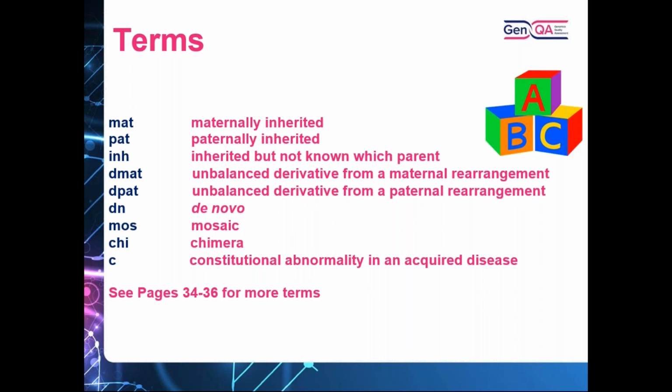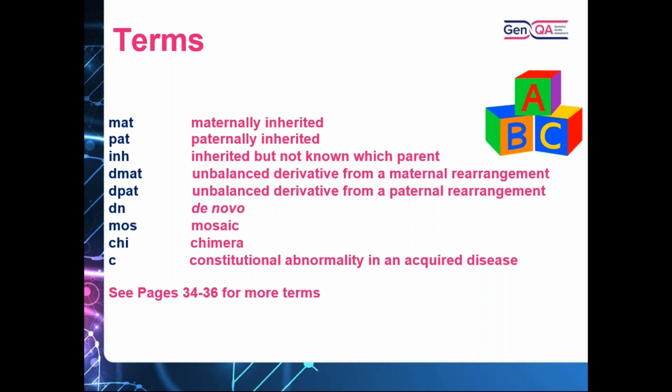We have quite a few terms, and if you go to pages 34 to 36 of ISCN 2020, you'll find a load of terms. There are about 3 pages of them. I'm only going to talk about the ones that we most commonly use, apart from the ones where we're talking about a type of rearrangement. So MAT still means maternally inherited, PAT still means paternally inherited, and you can use INH when it's inherited, but you don't know from which parent.